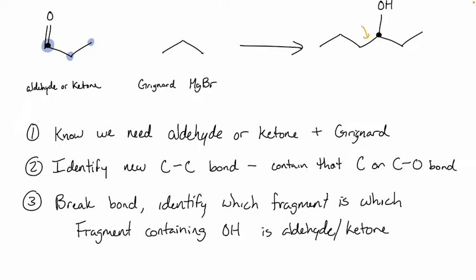That means that these three carbons are my Grignard, so I'm going to have to put that MgBr on there. Specifically, the MgBr needs to go on the carbon that was attached to the other carbon. In this case, this molecule was symmetric, so I could pick either side.